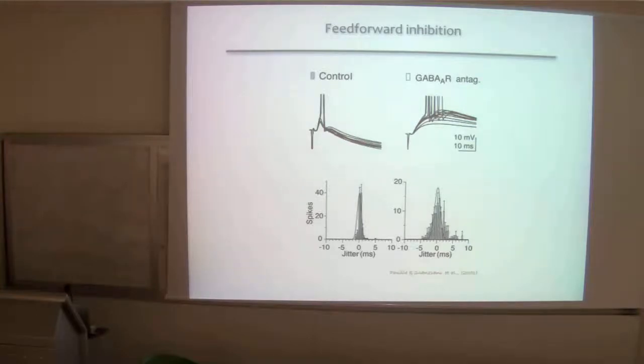Whereas if you knock out this feed-forward inhibition, you get summation within a much larger window, and you get spikes at a highly variable time point after the initial stimulus. So feed-forward inhibition really constrains and maintains the temporal fidelity, the precise timing, of spikes.